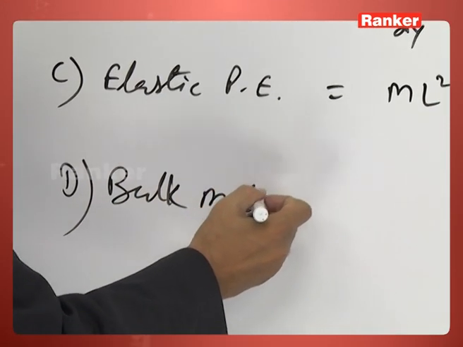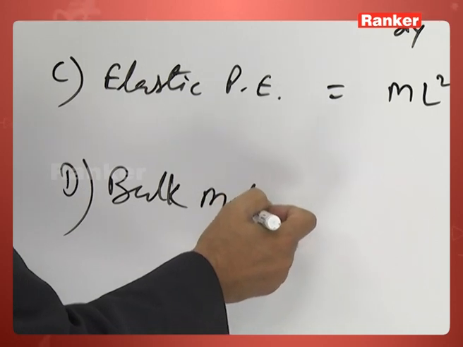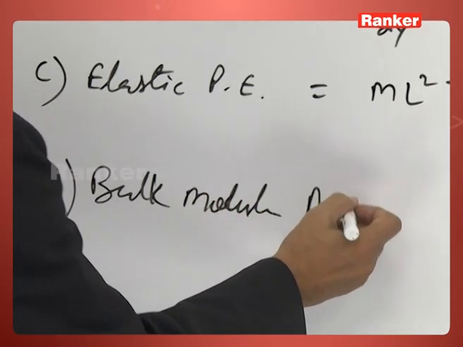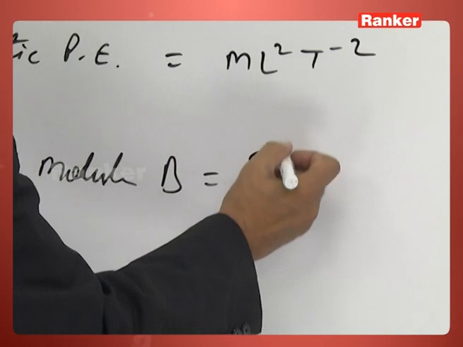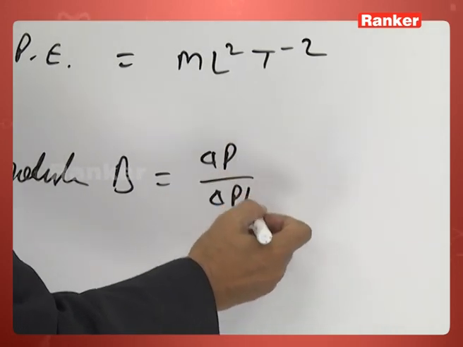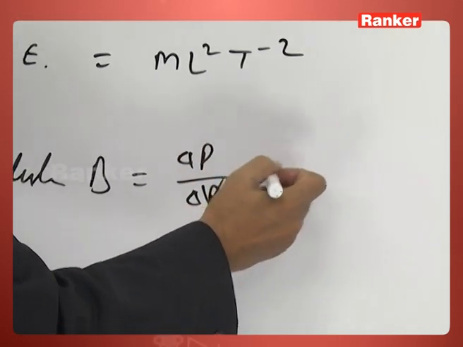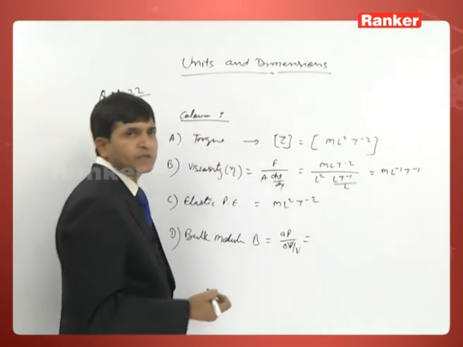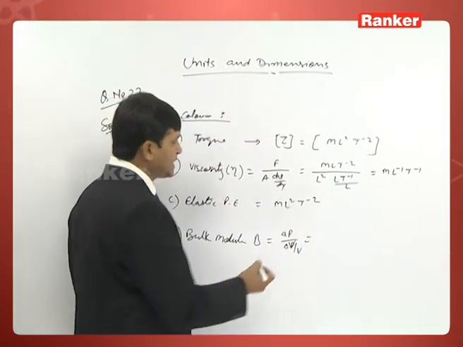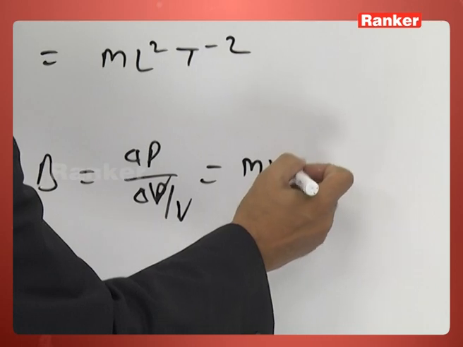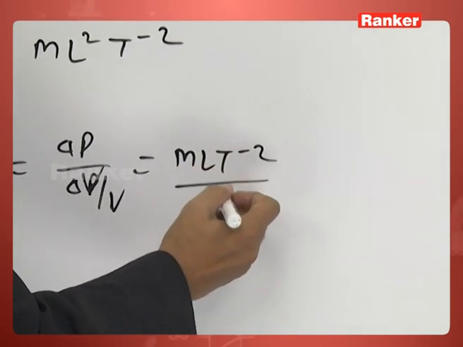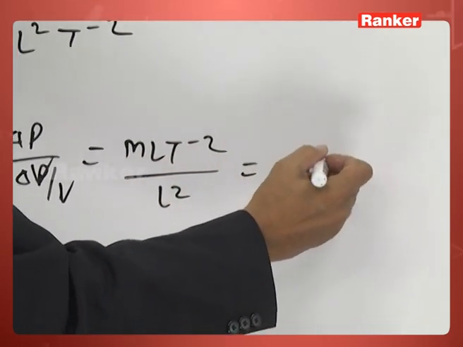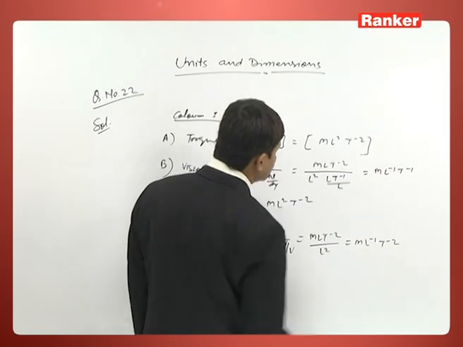Bulk modulus B is given as delta P by delta V by V, and this is nothing but pressure, the change in pressure, which is force per unit area. Force M L T minus 2 by area L square gives M L minus 1 T minus 2.